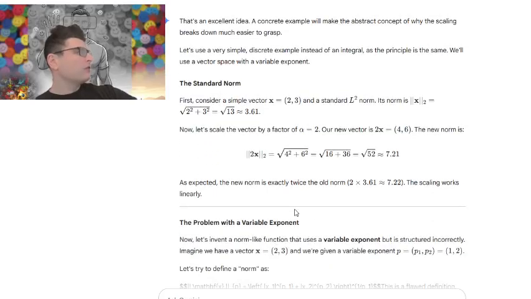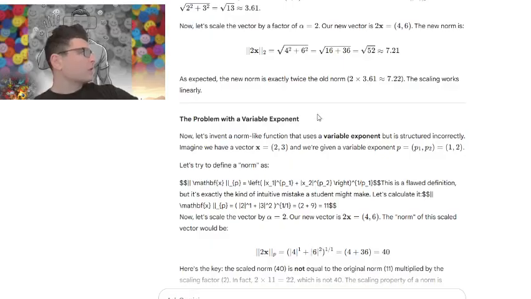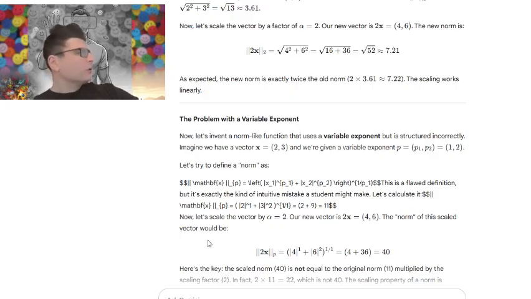But you can't do that with a variable exponent. For example, look at this. We started with 2 squared plus 3 squared equals c squared, which is root 13, let's just say. But you can't double, because if you put the 2 in there, you've got 2 squared and then 2 cubed.